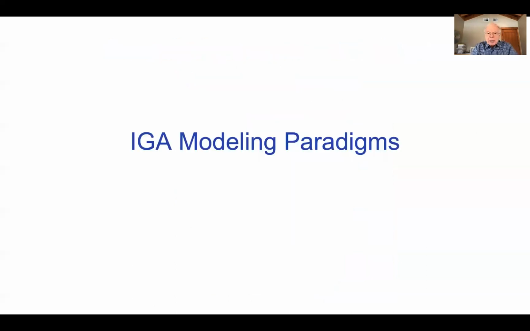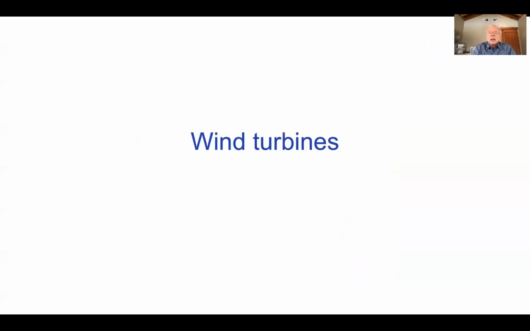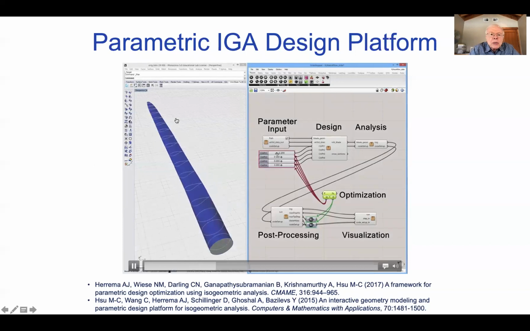So let me just give a few applications now. We're looking at the modeling paradigms, the classical one, boundary fitted modeling. We'll start with wind turbines. And what we'll look at is some work of Ming-Chen Hsu and his colleagues. And this is a wind turbine.